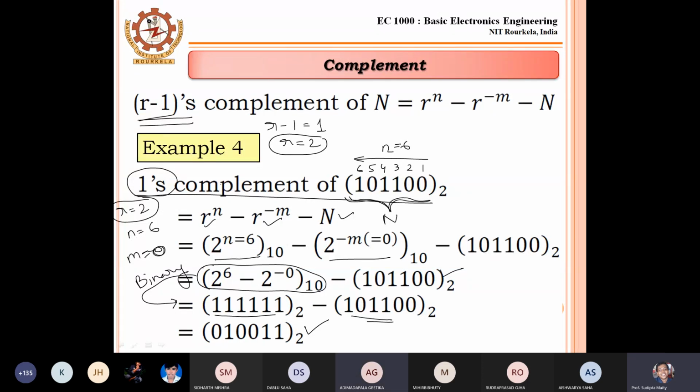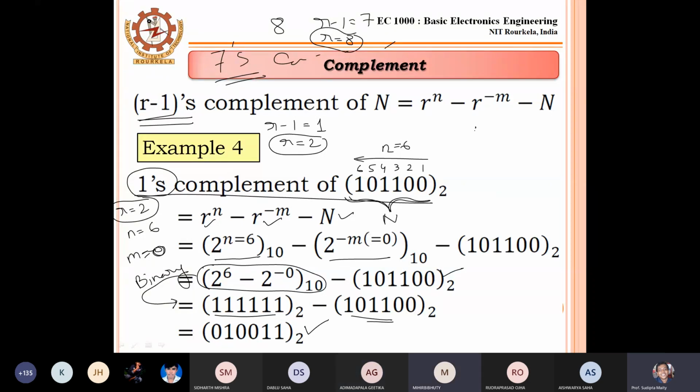Because in the question I can also give: find the 7's complement of some data. Then you can define new mathematics, doesn't matter, but 7 is nearest to octal 8. So r minus 1 is 7, that means r equal to 8. In this way we try to find the nearest base. Okay, so that is the process.